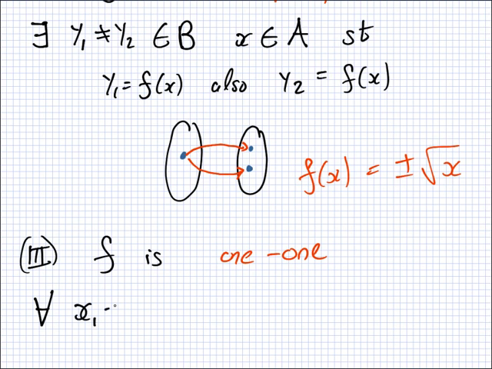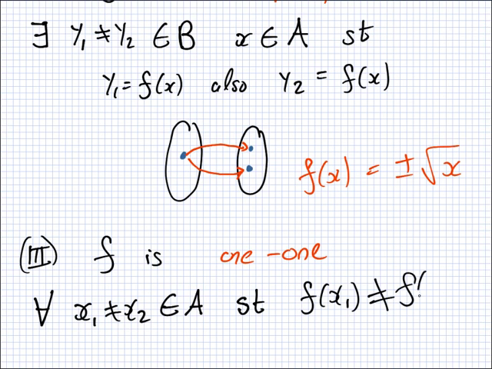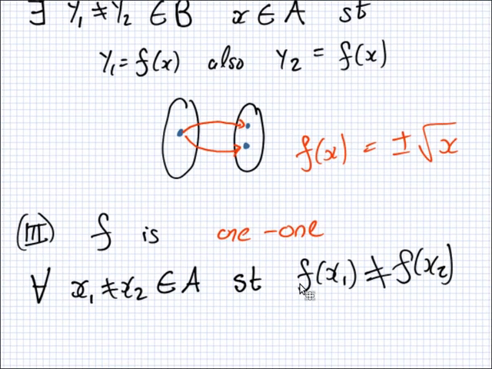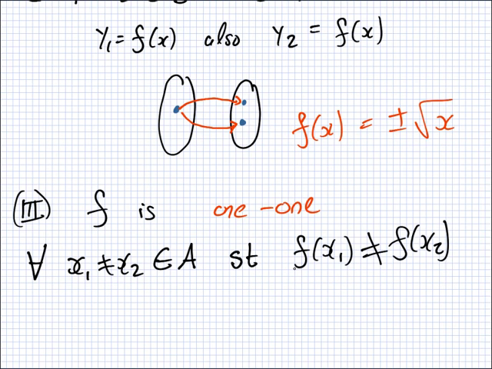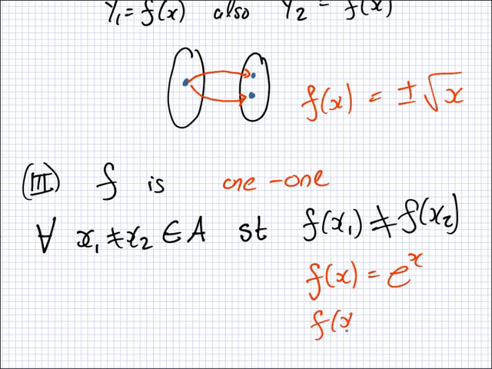So for every x1 not equal to x2 in A, f(x1) does not equal f(x2). So an example here is f(x) equals e to the x, because you can never get the same answer. If the x's are different, the answer is always different. You understand?